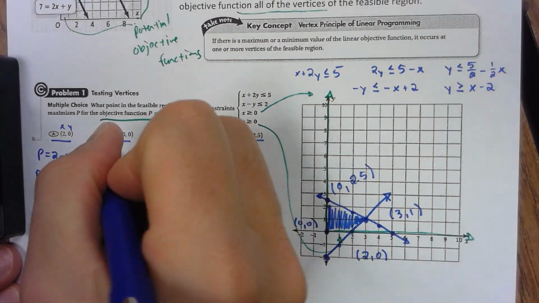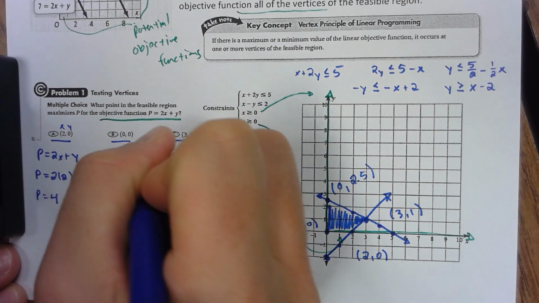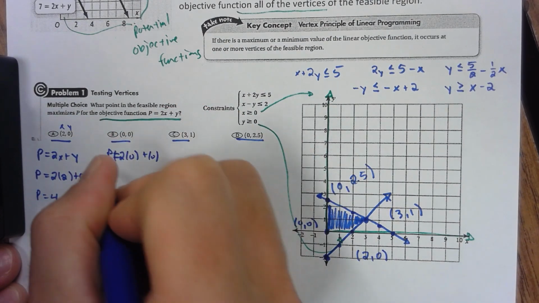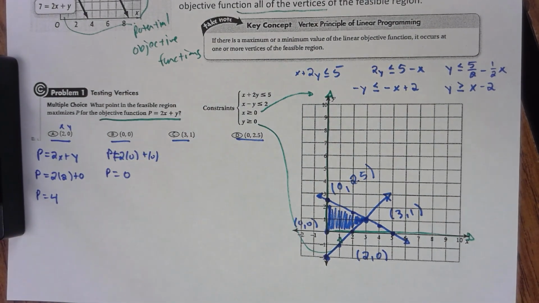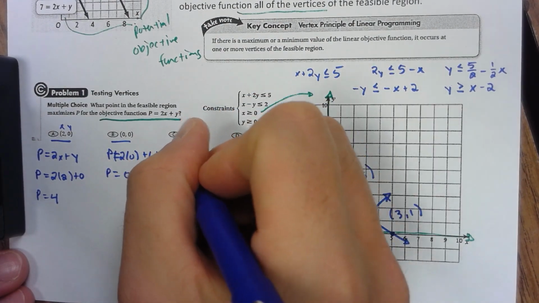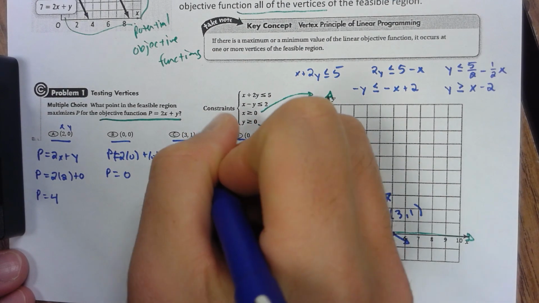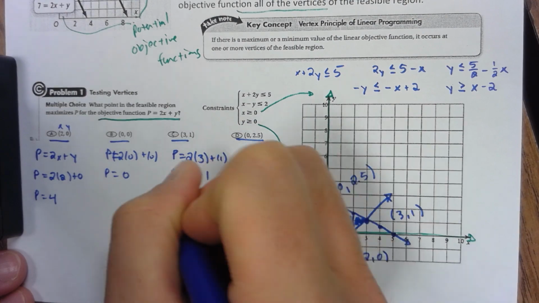Then we've got 0, 0, which if we're trying to maximize, I think it's pretty clear that that's not going to be a value that maximizes our objective function, because we just get 0. 3, 1, I'm already thinking is going to be bigger than the ones we've already found, because I have 2 times 3, and then plus 1, so that's 6 plus 1, which is 7.